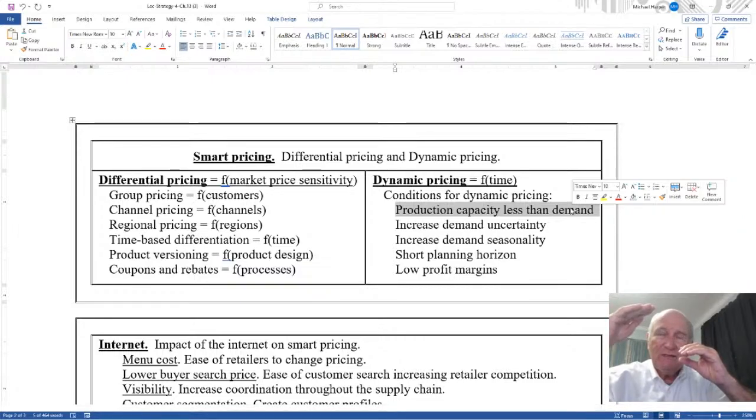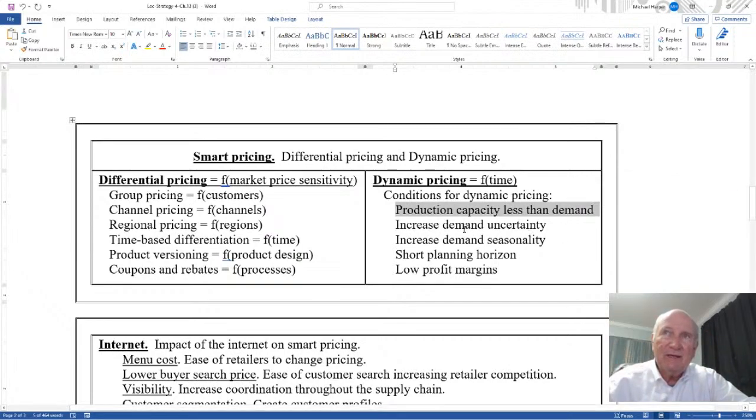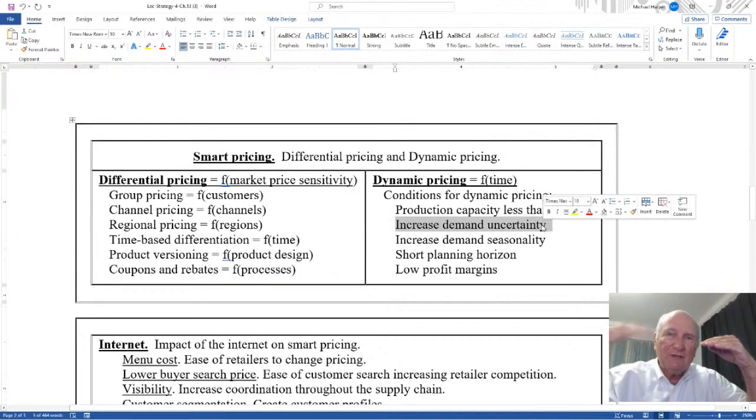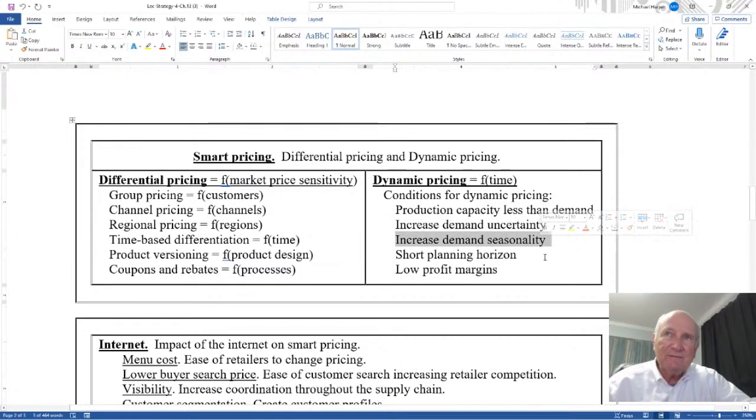You have more demand, less capacity, the price is going up. Okay, increased demand over time. Increased demand uncertainty. Well, when the demand becomes more uncertain over time, that changes the price. When you increase the demand seasonality, well, seasonality means usually the demand is seasonal.